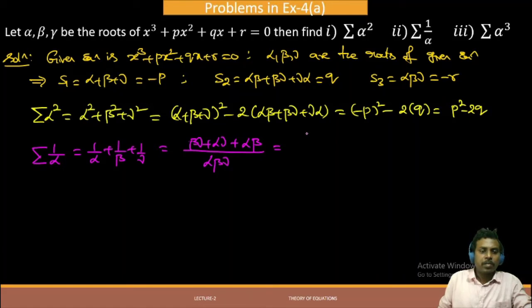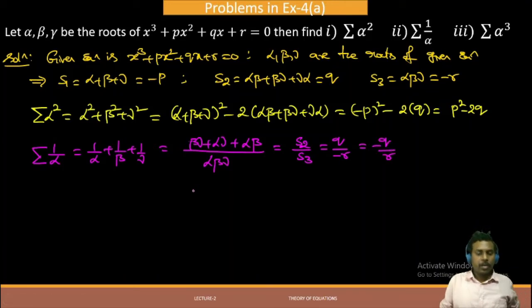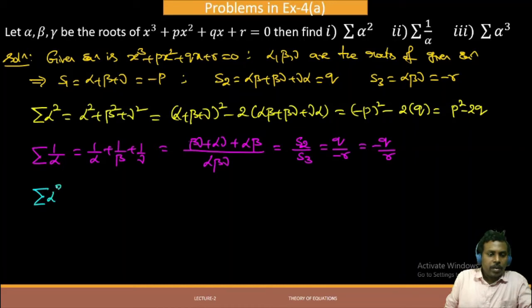So that is equal to what? This is S2 divided by S3. What is S2? S2 is q divided by S3 which is minus r, that is equal to minus q divided by r.